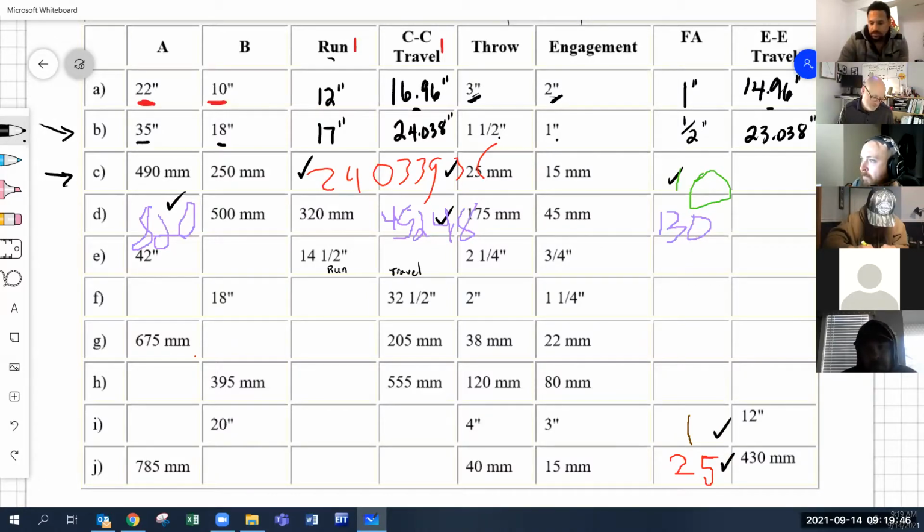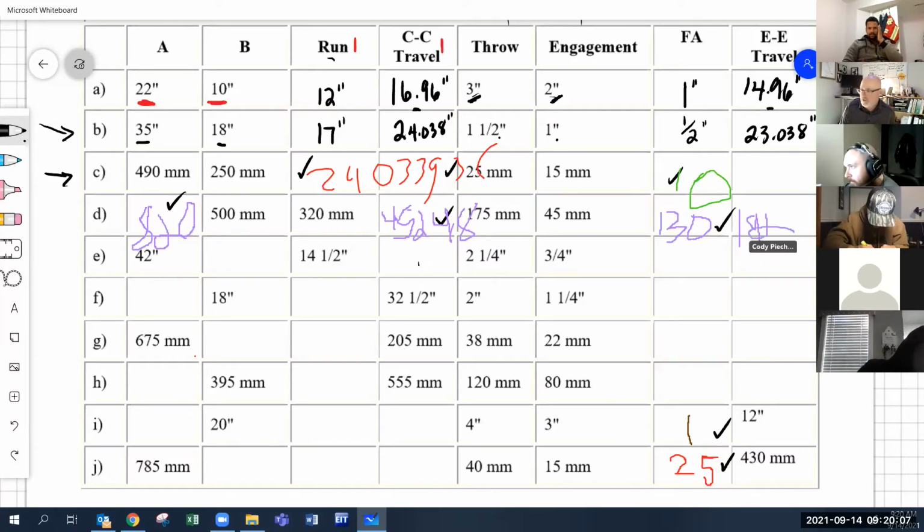So divide 14. That's correct. You guys do that, I will pause the recording.